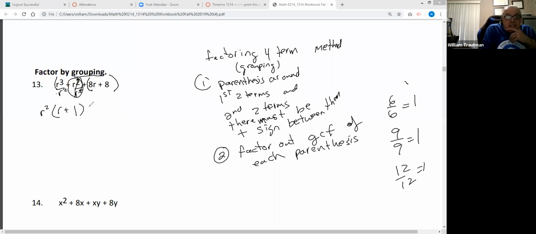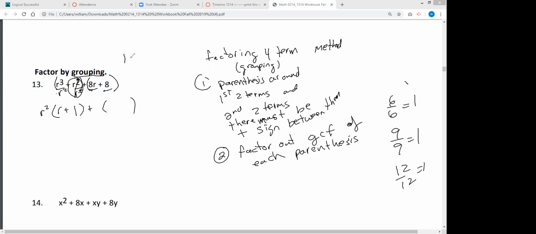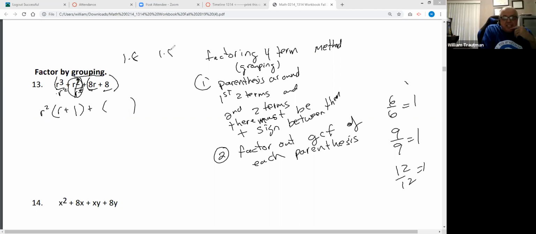Okay, so for the next part, we have to factor out what factors out of the second parentheses. What is the largest number that divides into both of these in the second parentheses? 8, right? 1 times 8 is 8, and 1 times 8 is 8. 8 is the largest number in both.